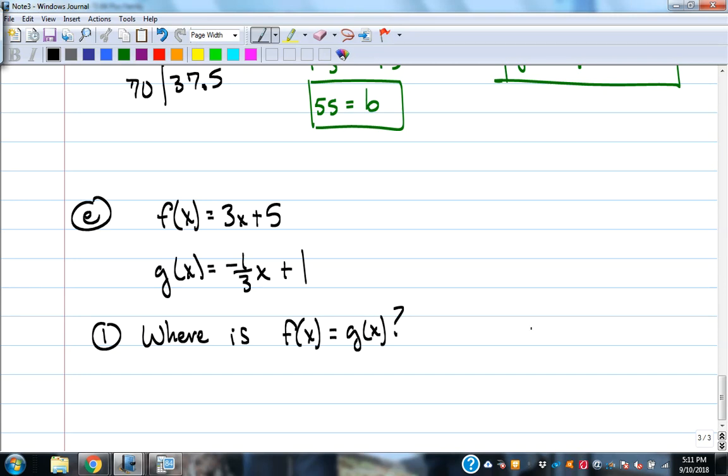So algebraically, I can do it this way. 3x plus 5 equals negative 1/3 x plus 1. And I do algebra on that. Solve it for x. So I'm going to add 1/3 x. That's going to give me 9/3 plus 1/3 is 10/3 x plus 5 is equal to 1.